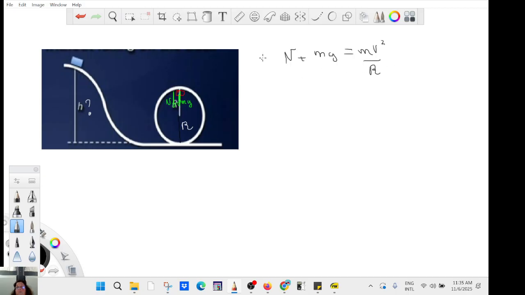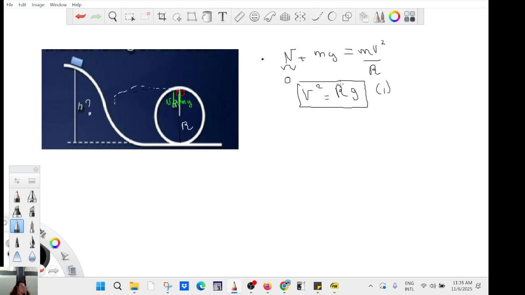And just before it's going to lose contact, so it goes along a projectile motion there, in that case N equals 0. So that means that the minimum speed that you get is the square root of rg. So you have this equation here from the test.